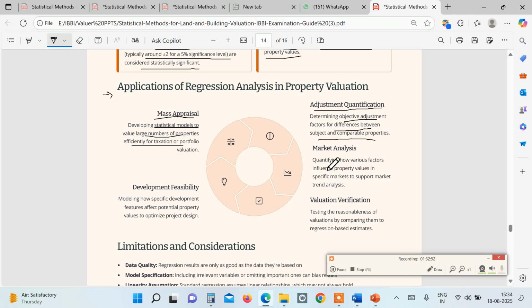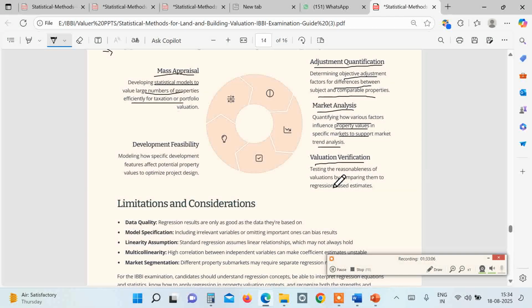Then we can use it for market analysis, quantifying how various factors influence property values in specific markets to support market trend analysis. And then it may be used for valuation verification, testing the reasonableness of the valuation by comparing it with the regression-based estimates. Then it may be used for development feasibility, modeling how specific development features adjust the potential property value to optimize project design.